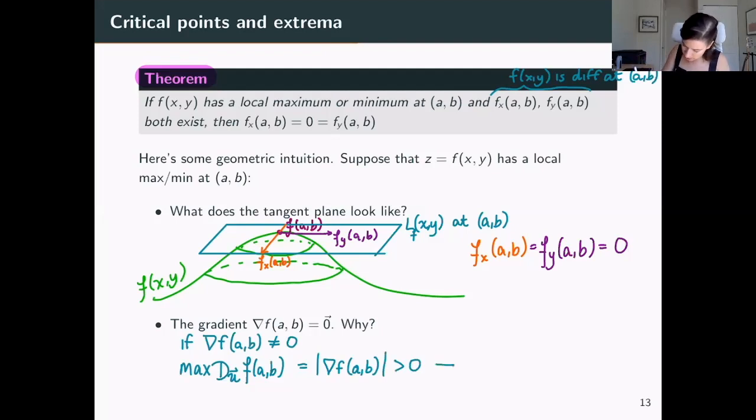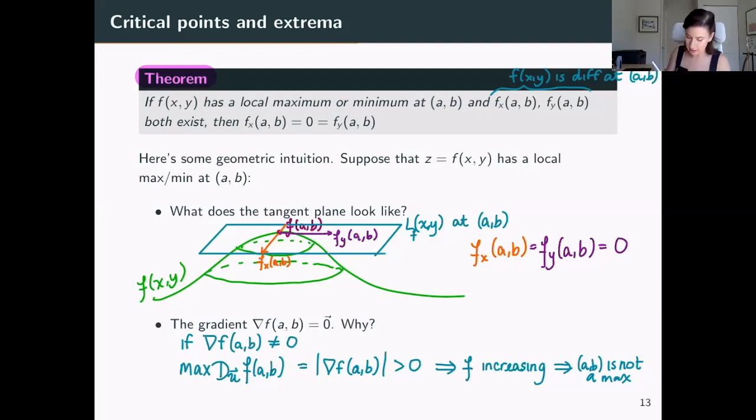And so this is going to mean that our function f should be increasing. If the gradient is positive, it means that our function is increasing. And so this would mean that (a, b) cannot be a max. If we're increasing at this point, that point can't be a maximum. We're going to have to go up from there.